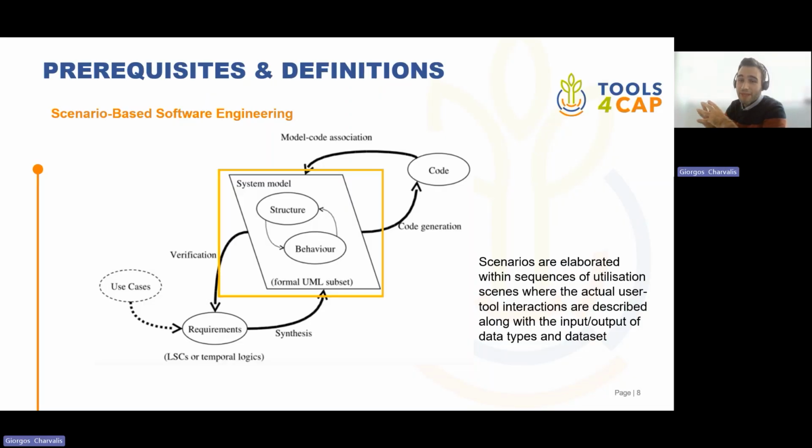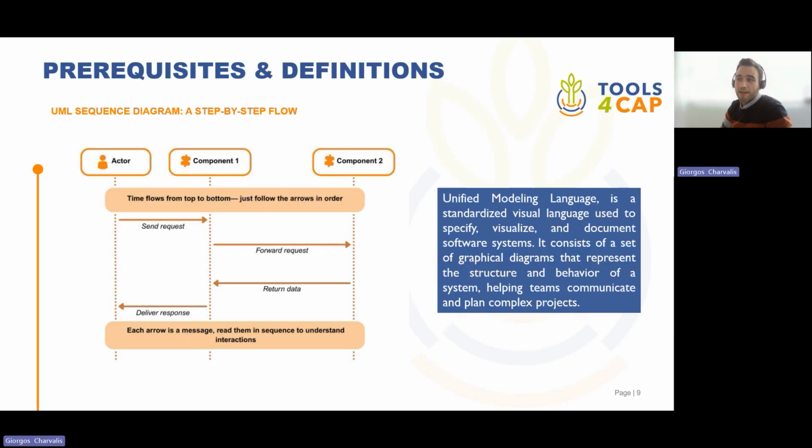Nevertheless, the behavior and the relationships between the components are also expressed on the diagram.